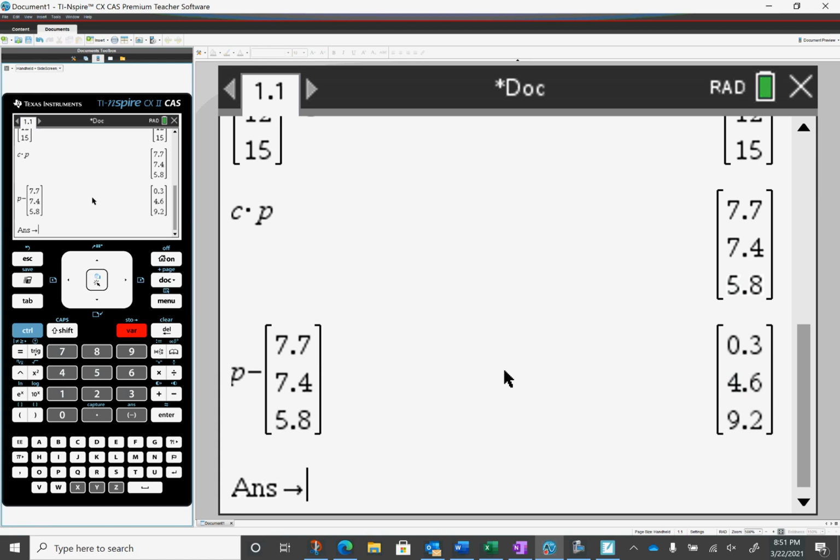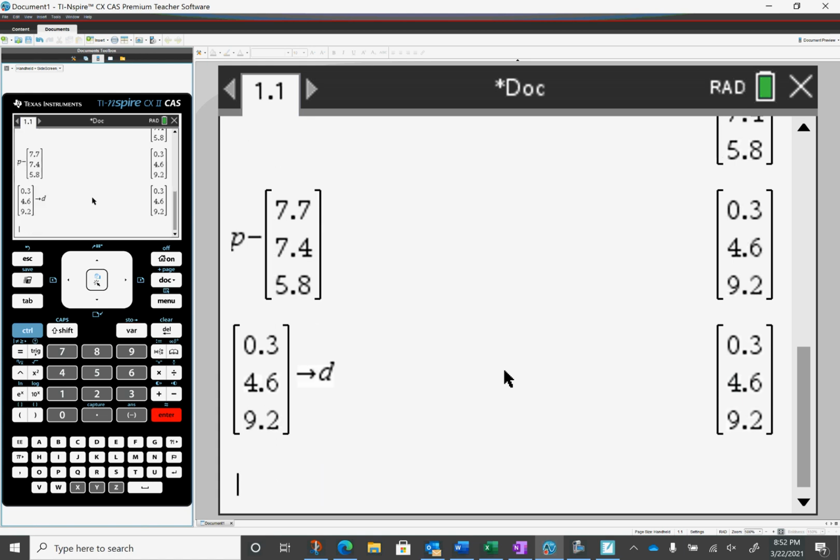All I did was push control and then variable so that I can store this. It automatically takes that previous answer. And again, I want to call that the demand matrix. Okay, that's taken care of.